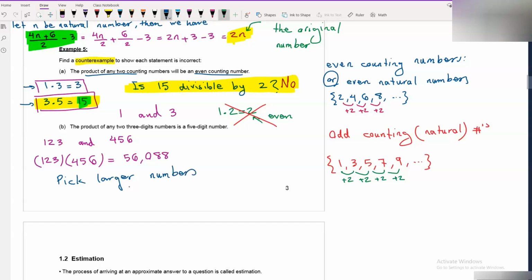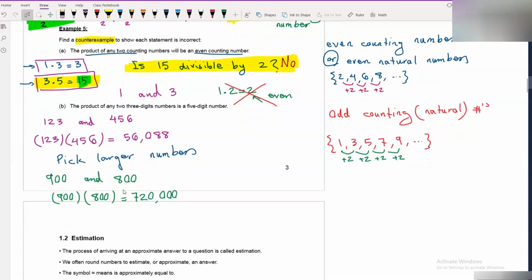For example, I'm going to use 900 and 800. So multiply these two. And here is our answer, and this one is a 6-digit number.